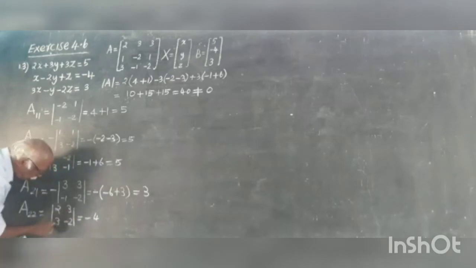A22 is this, 2, 3, minus 2, 3, minus 2 minus 2, minus 2 minus 4, 3 minus 9, is equal to minus 13.